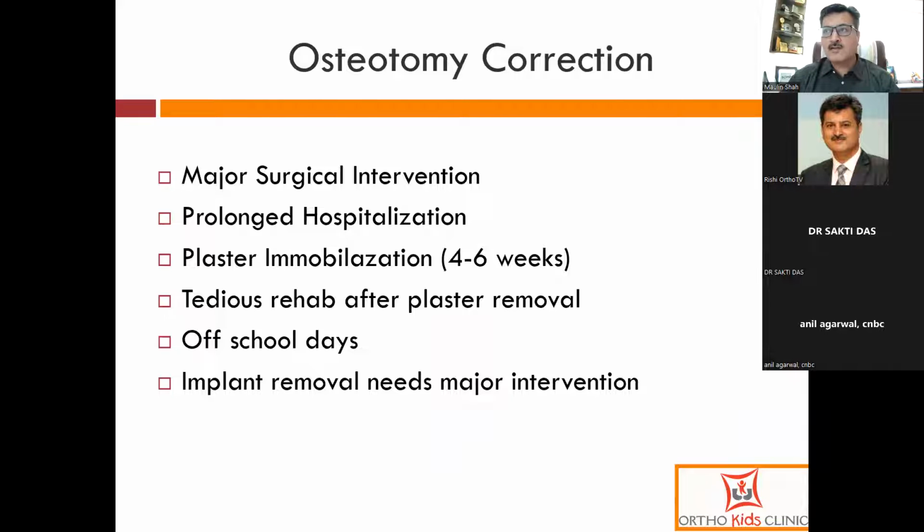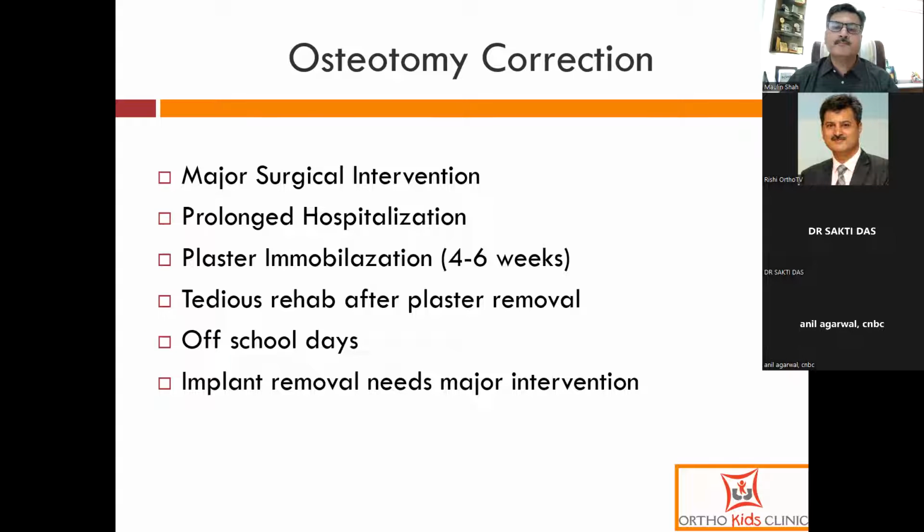Plaster immobilization is usually for 4 to 6 weeks, and during this time children are off school, and even after plaster removal they have to undergo tedious rehab, and it takes about a month for them to rejoin school. So totally, they lose about 2 to 3 months. And again, the implant removal after a year or so would need major intervention.